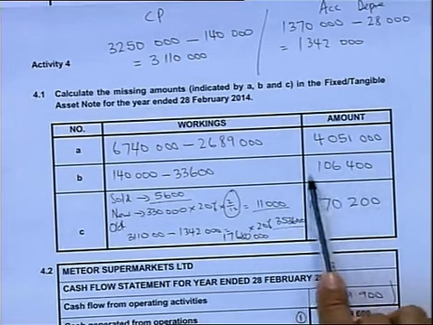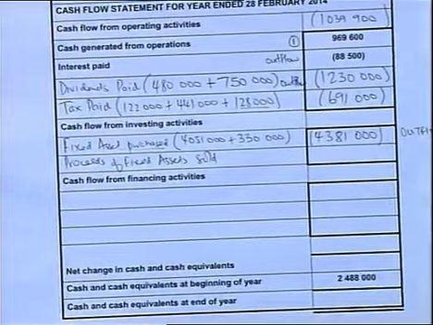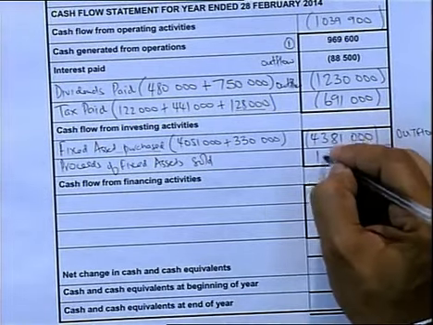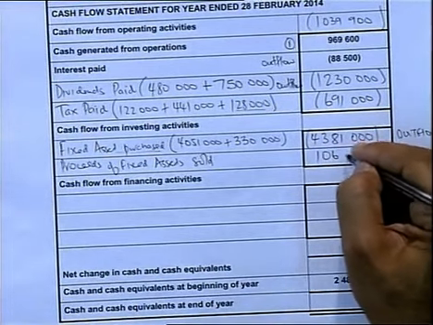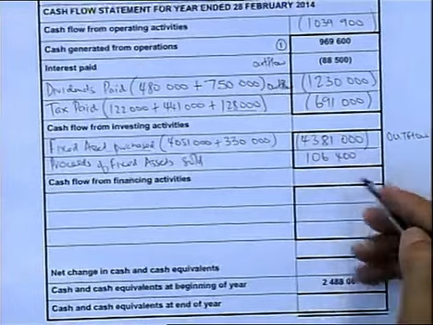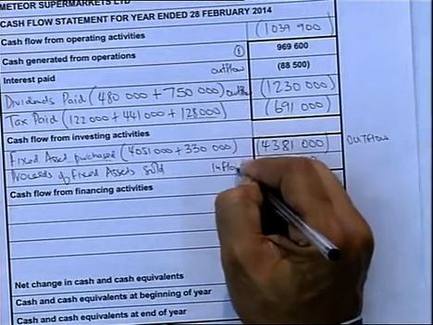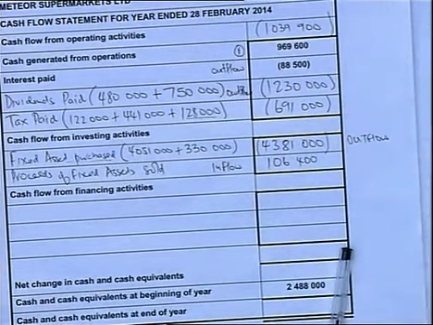So that's how much money we received when we sold the vehicle. So that will be the proceeds of the fixed assets sold, which is just 106,400. No brackets, because that is seen as an inflow. Okay, let's just check.